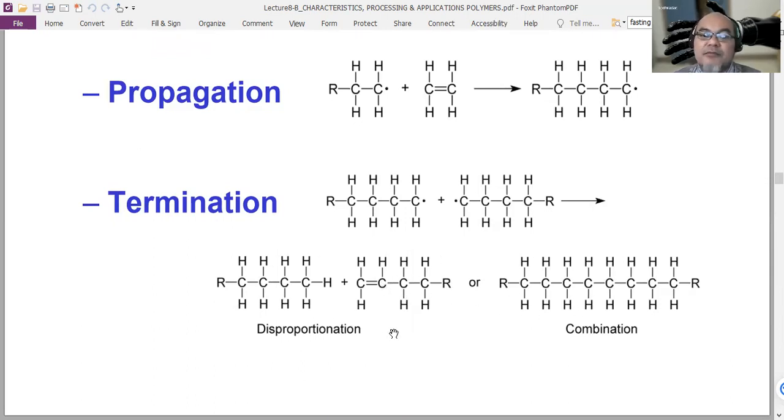In the disproportionation process, here we see that one of the radicals does not have the same molecule structure as the other. In combination, it is the same radical. They combine into a single long chain, but then become deradicalized. So they don't have any more dangling bonds that can attack other monomer molecules within that material.